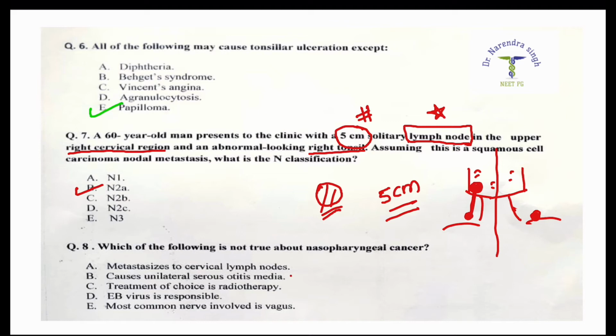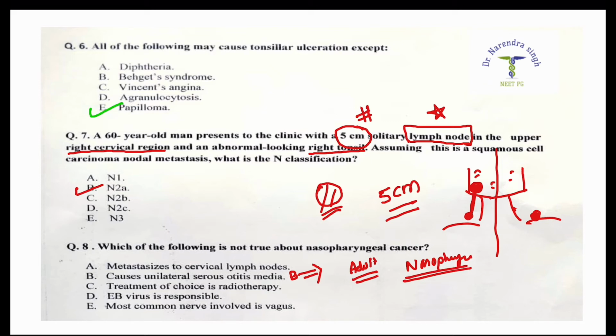This option B is the most common question that is asked in the NEET PG exam. If an adult patient comes to you with a unilateral serous otitis media, we should go for examination of the nasopharynx. It is almost certainly a case of nasopharyngeal cancer.